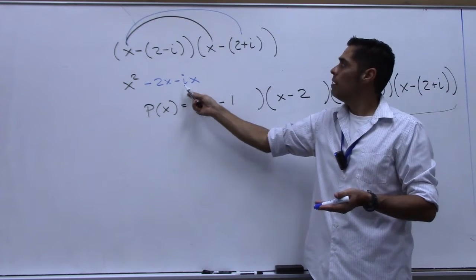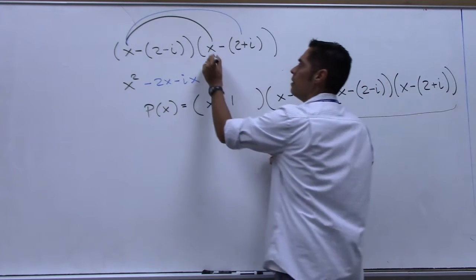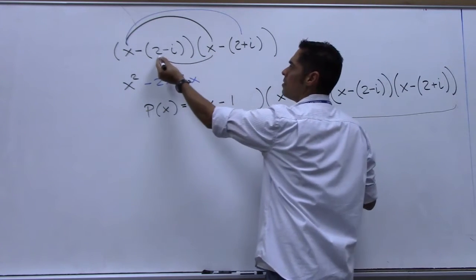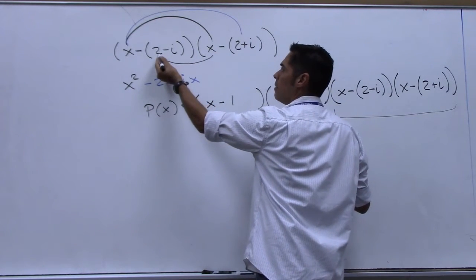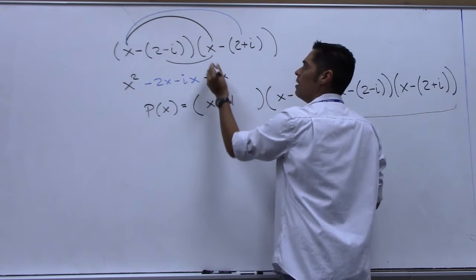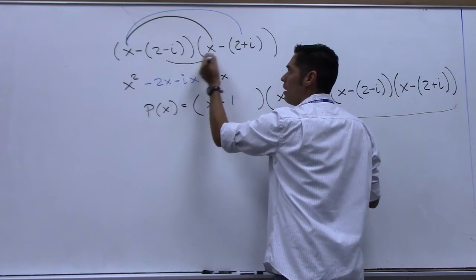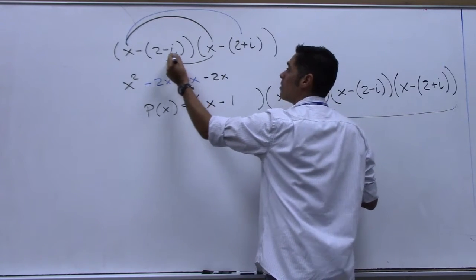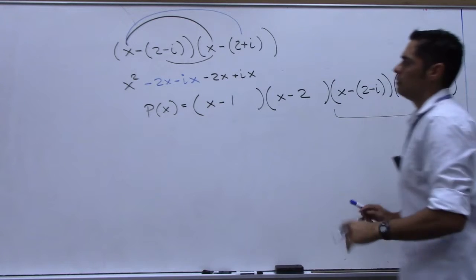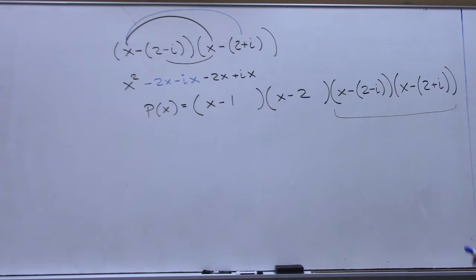Yes? Okay. What would I get on the next one? Here to here. So what's 2 times x? That would be 2x, but then minus. So minus 2x. And then ix. i times negative x is negative ix, but then minus, so plus ix. Everything cancels there, or no? Just the ix's.